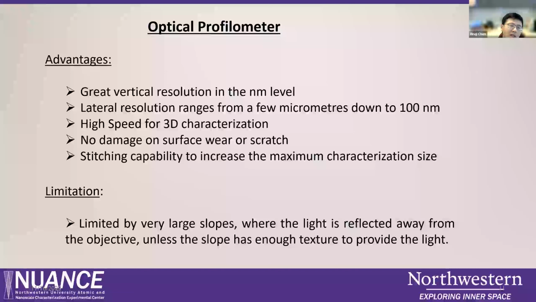You get a 3D image, and it just takes a few seconds. That's high speed. Another advantage is no damage because there is no contact. So even for some very soft, even sticky samples, you can use this method. It's not compatible with a stylus, which uses a contact method, but with this one there's no damage and even a very soft sample you can use.